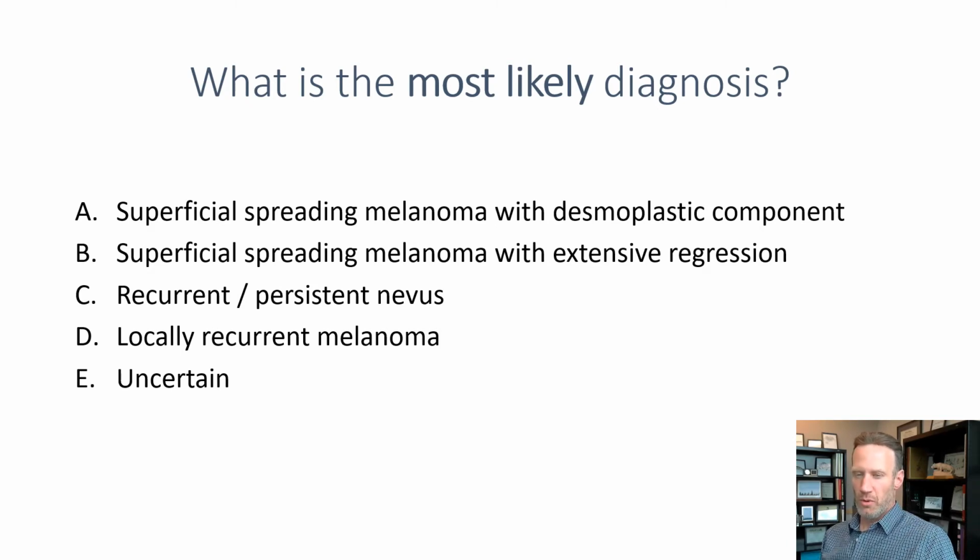Well, armed with only the information that I've shared so far, each of these was a diagnostic consideration that was initially put forth by one or more experienced dermatopathologists. But most eventually eliminate the first two possibilities and end up favoring either a recurrent nevus, a recurrent melanoma, or simply concluding that the diagnosis is entirely uncertain and probably shouldn't be attempted without at least some additional information.